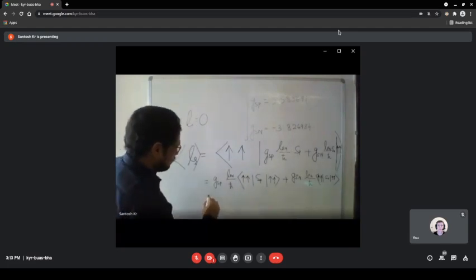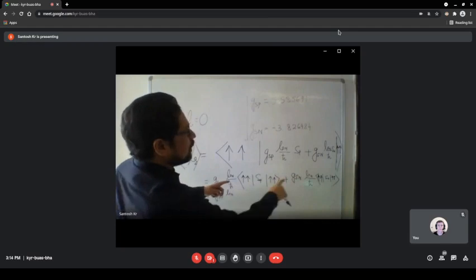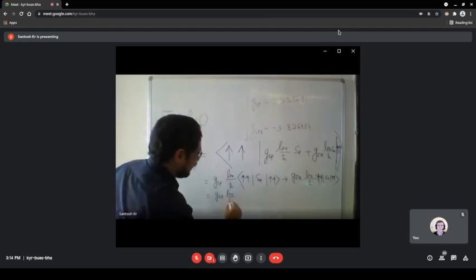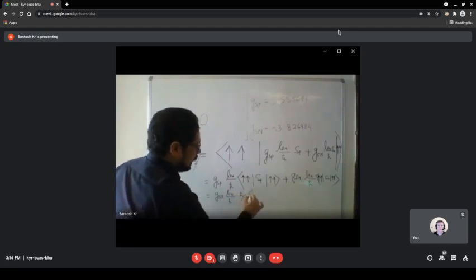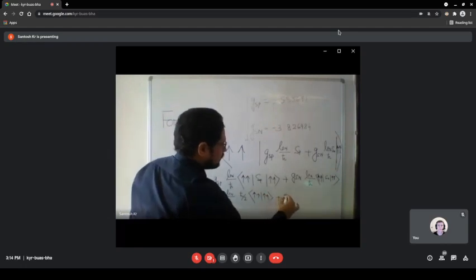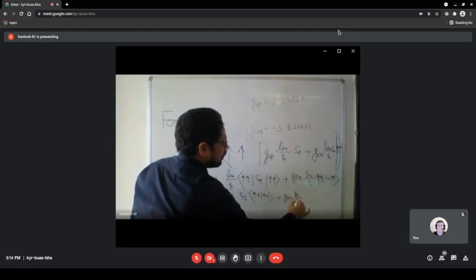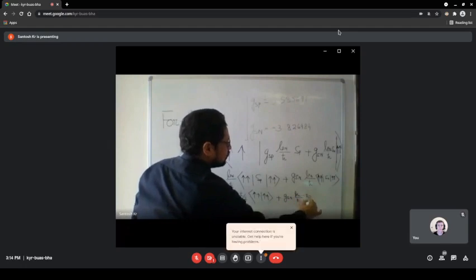This value will be g_sp mu_n, since both sides have mu_n upon h cut, and it will give you h cut upon 2. Plus g_sn mu_n upon h cut upon 2.